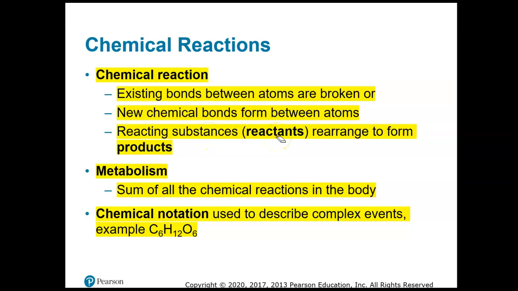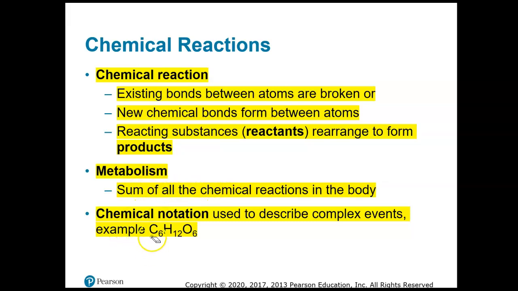So the ones that start out the reaction are called reactants, and then what's formed after the reaction proceeds is called the products. And the word metabolism is the sum of all the chemical reactions in the body, whether those reactions are breakdown reactions or synthesis reactions. All those reactions are called our metabolism.